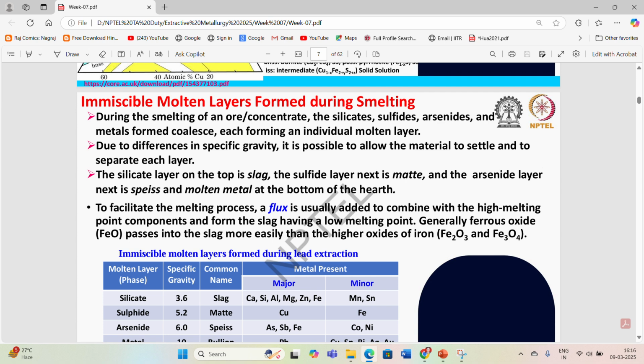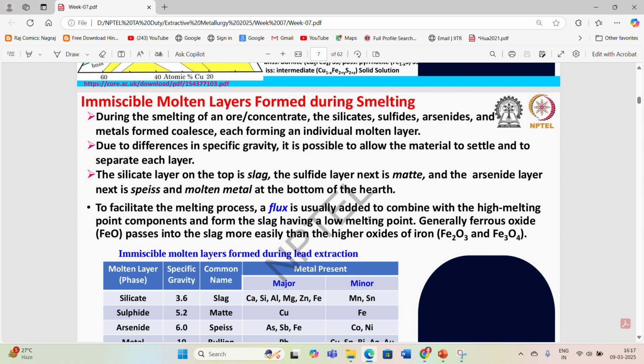Now, immiscible layers. When we were talking about the matte smelting process, we talk about three or four different layers formed during the process itself. So these immiscible molten layers are formed during the smelting of an ore or concentrate.